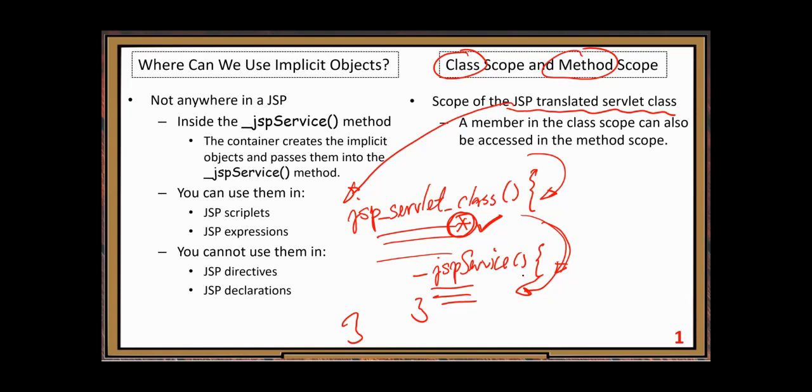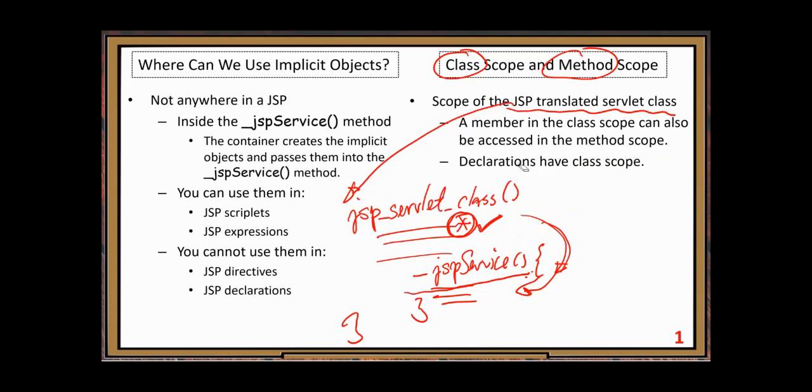The method here refers to this specific method, _jspService. But not the opposite. If we go in the opposite direction, it's not allowed.